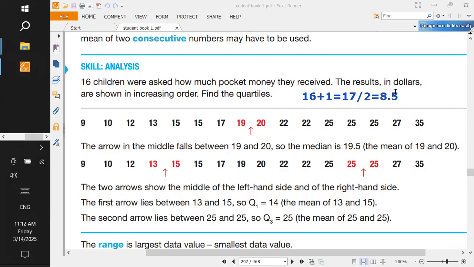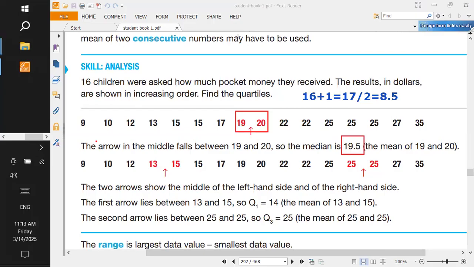A decimal means the number will be between two numbers, between the eighth and the ninth. This means you have to add them and divide by 2, and you'll get 19.5, and this is the Q2.